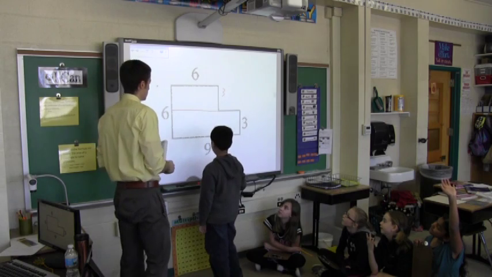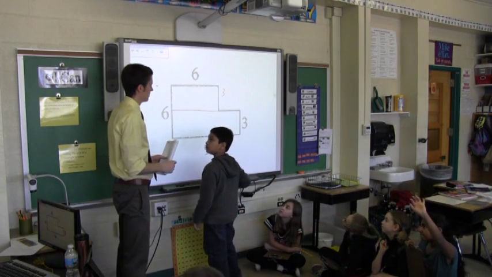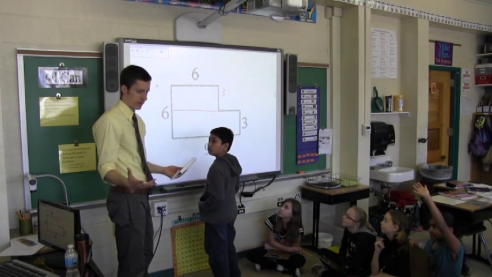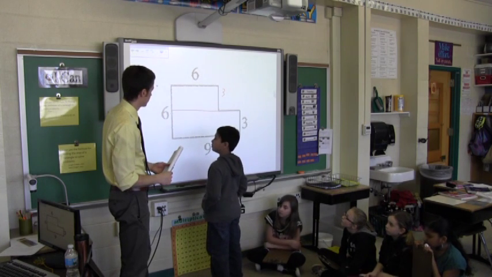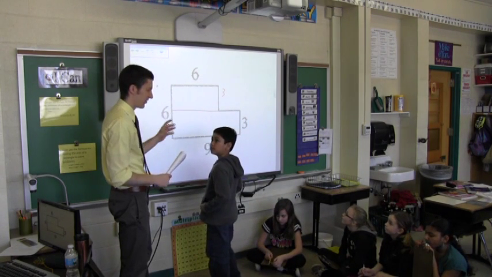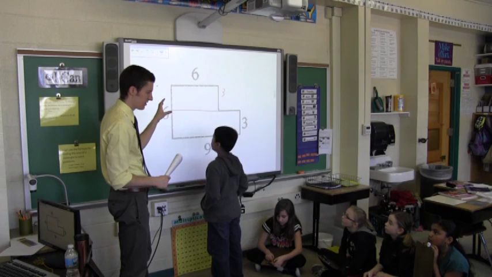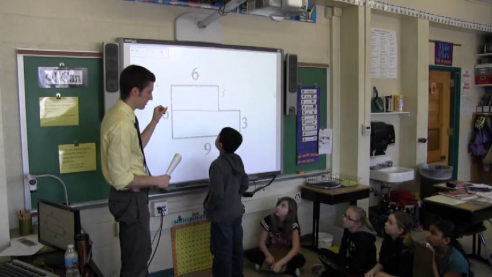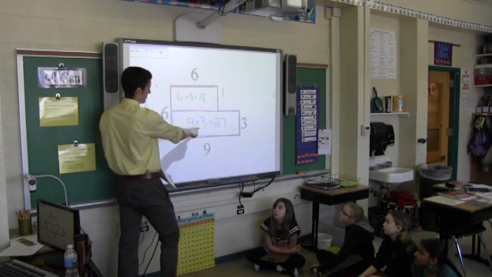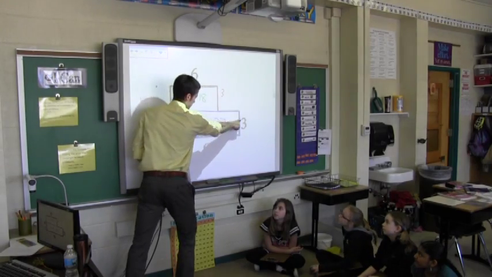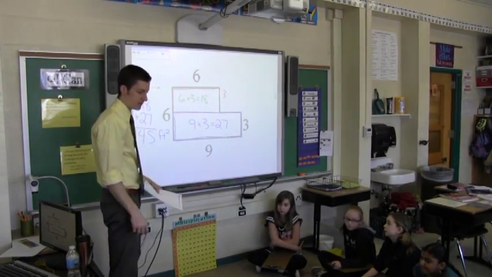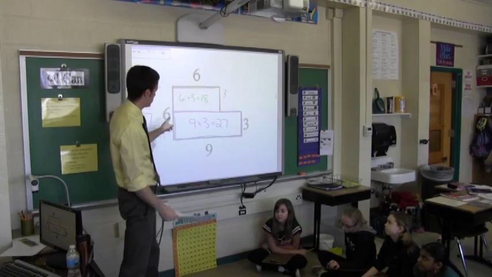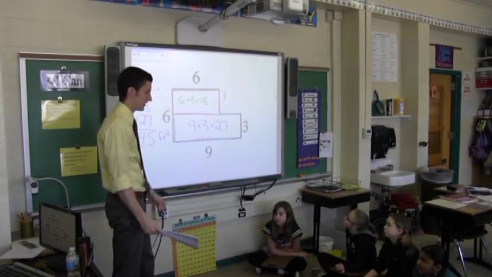So, we literally have two rectangles. Can we find the area now? This is 6. 3 plus 3. The dimensions stay the same. They can share the line in the middle, but now we can find the area.